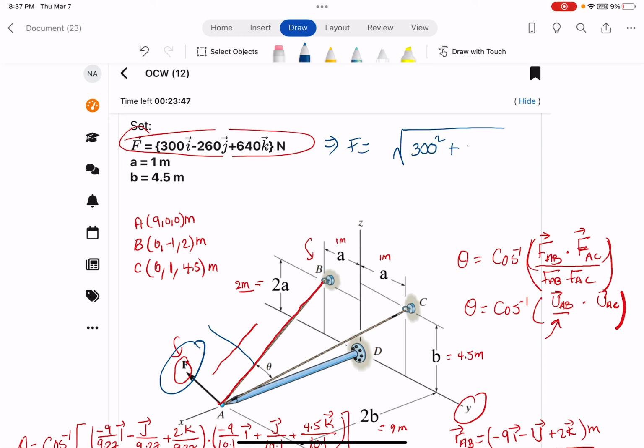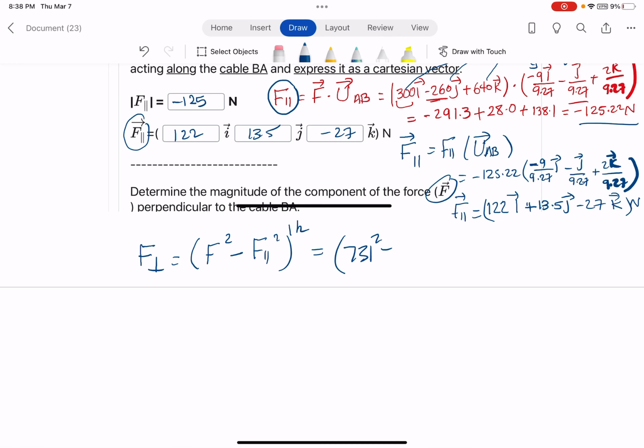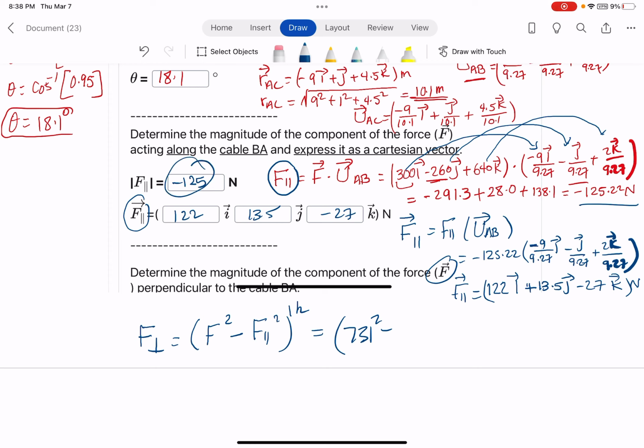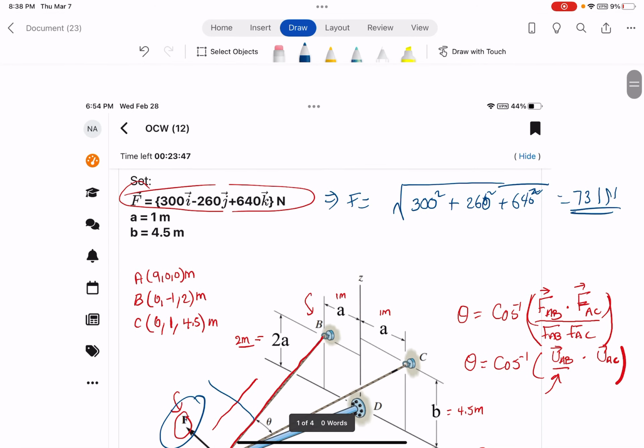300 square plus 260 square. Of course, we don't put the minus because minus square is the plus, plus 640 square. And this is 300 square plus 260 square plus 640 square, and the square root, 731. So the answer here is 731 Newton. So we have 731 square minus, what is the force parallel? We have it here, which is 125. Don't worry about the minus. Minus square is a plus, all under the square root. So 731? Yes, I'm mistaken.